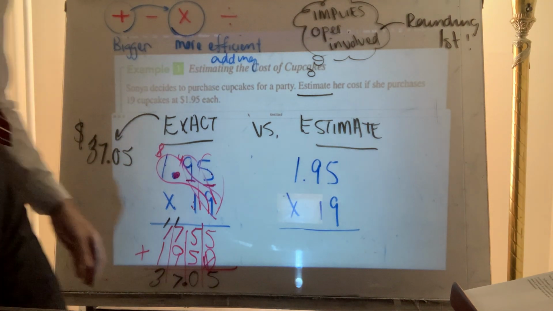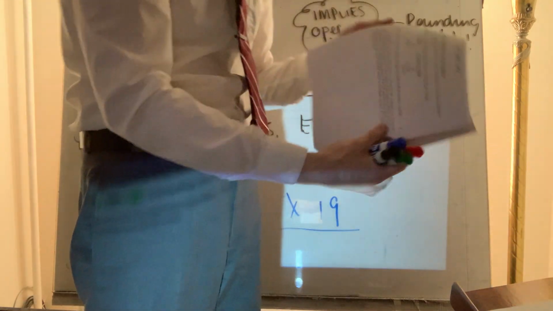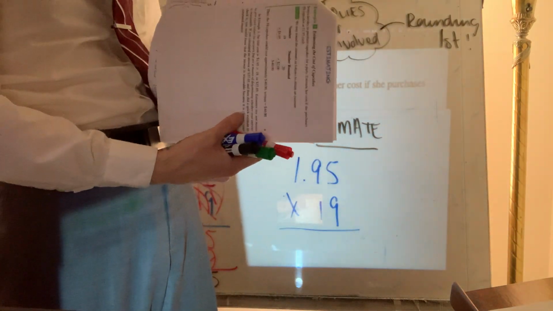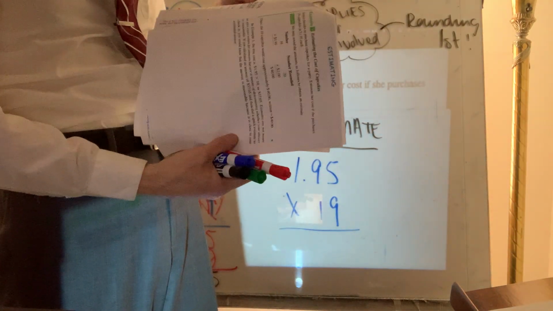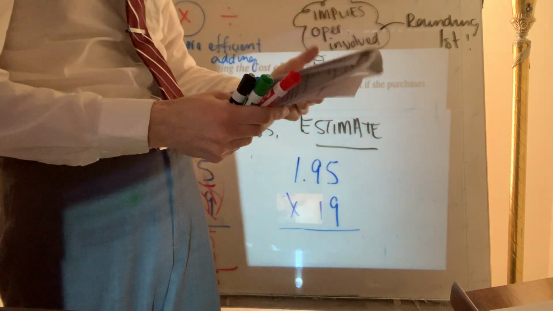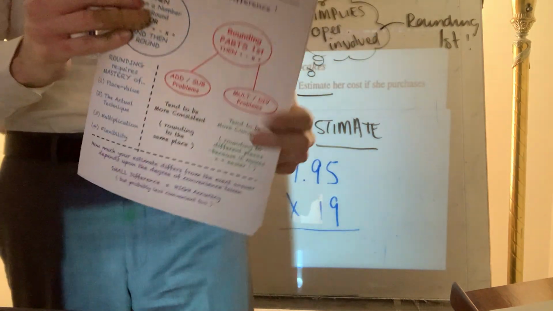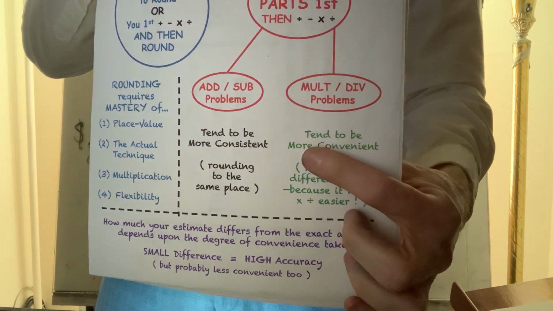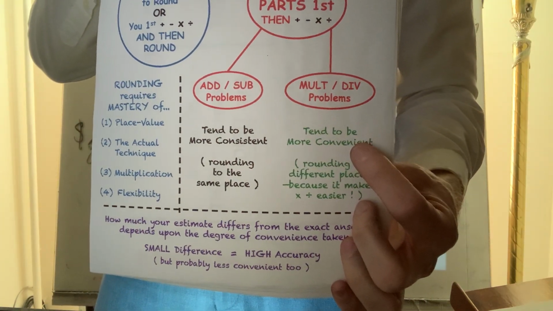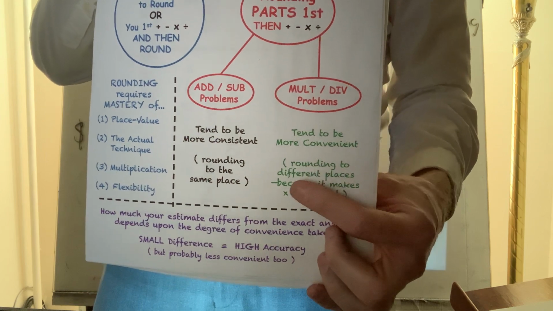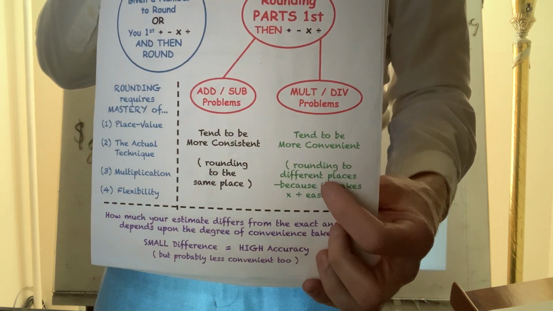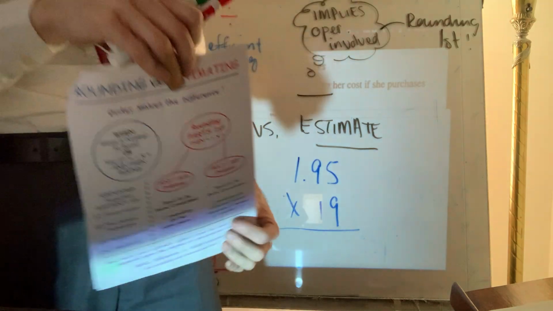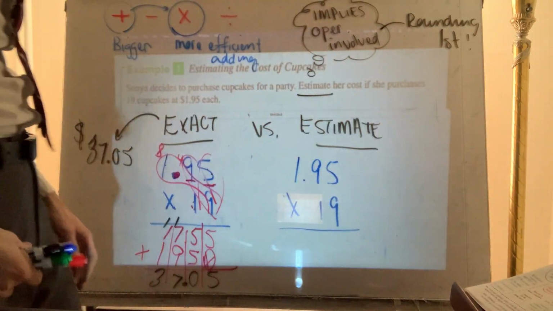Usually, just to refer back to the sheet that I made, usually when you multiply, you want to make it a little bit easier on yourself, right? So here we have this, right? For multiplication and division, these tend to be more about convenience, which means that you could round the parts, the factors, to different places if necessary.